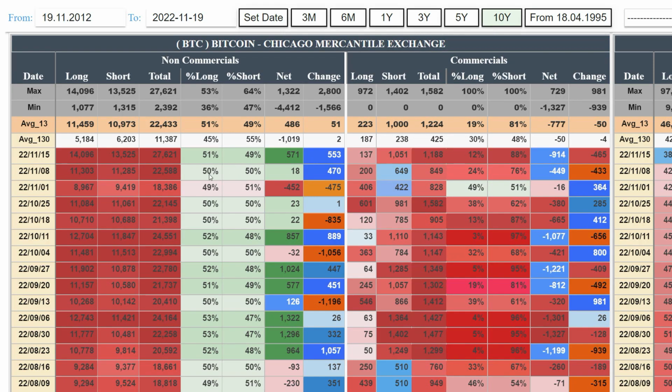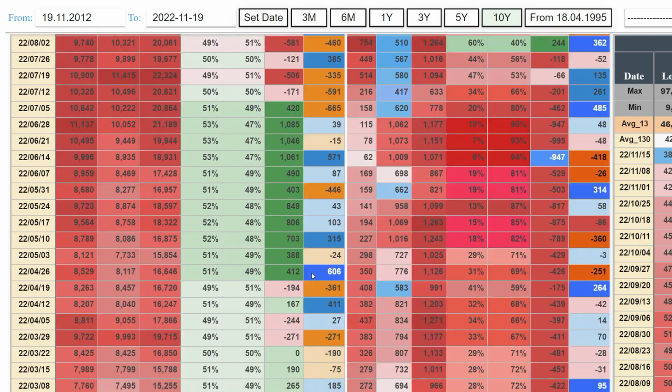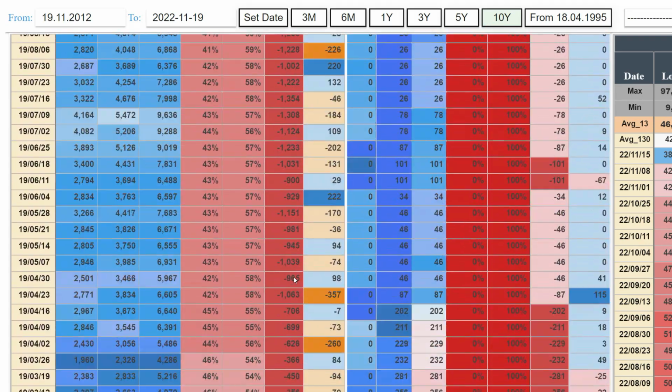And look at the COT data. We can actually see the highest positions on Bitcoin. There have never been such big long positions. I mean, it's not that much, but there have never been such high long positions in the 10 years of history. The CME data is actually not that long, since it started.